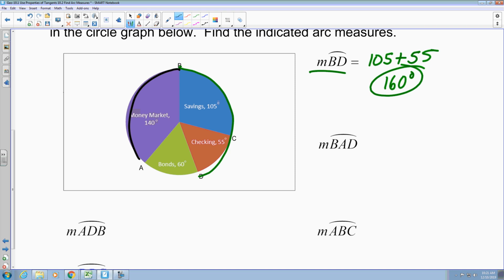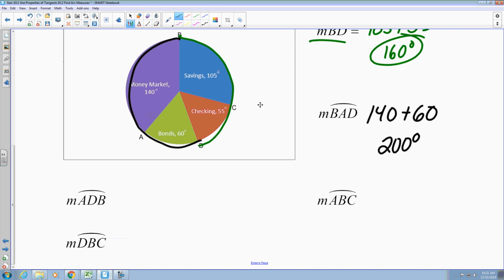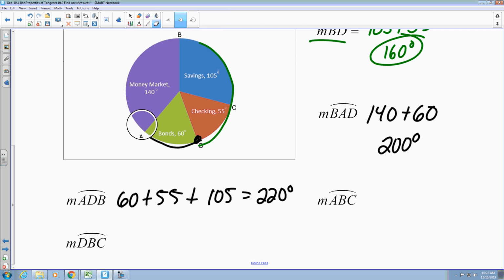Next, they want us to find BAD. BAD is 140 plus 60, and that's where we get 200 degrees. ADB, we're going to have 60 plus 55 plus 105, which equals 220 degrees. Let me erase some of these.